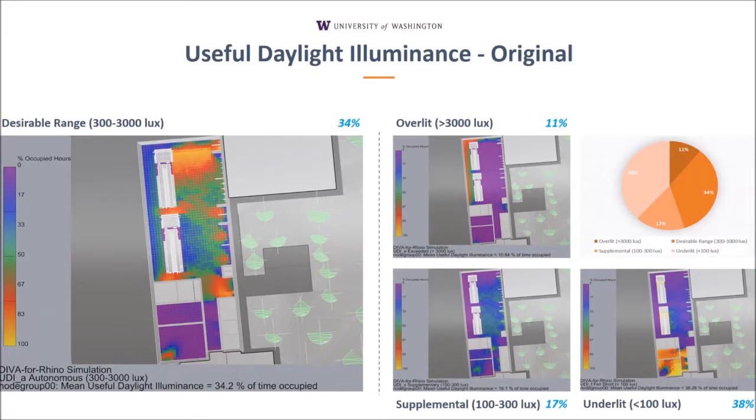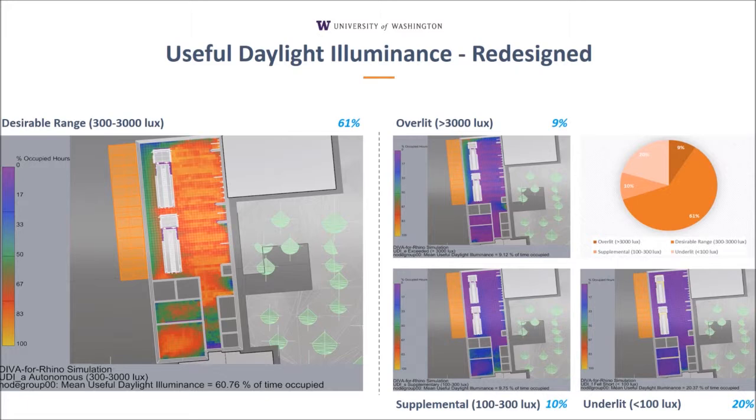And with the aspect of useful daylight illuminance, for the original design, we only got 34% of the time throughout a year within the desirable range, which is unacceptable. In contrast, after the redesign, we got 61% within a year within the desirable range. The increased number indicates the redesign is very successful.